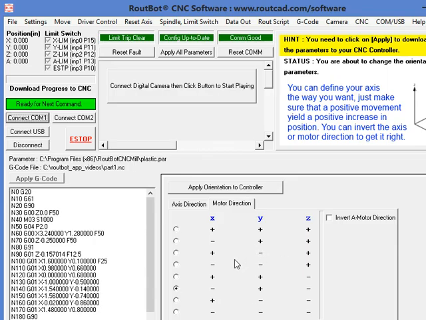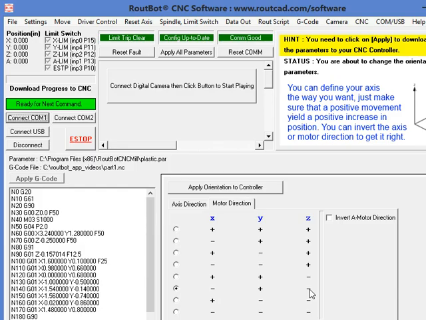Let's say we have a certain orientation, with the x-axis, the y-axis, and the z-axis. Basically, we have an inversion on the x and no inversion on y and no inversion on z.